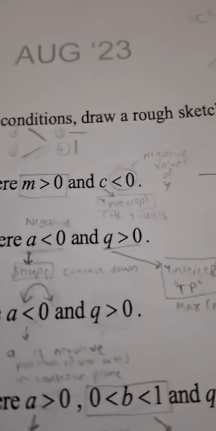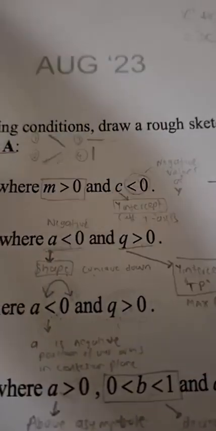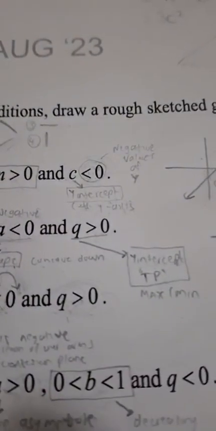Is it a decreasing function, an increasing function? Is it a horizontal line? Is it a vertical line? C, what does it speak about? It's the y-intercept for your straight line function. And if it's less than 0, it means that the function is cutting the y-axis where the values are negative for y. Okay, there's a rough sketch, guys.